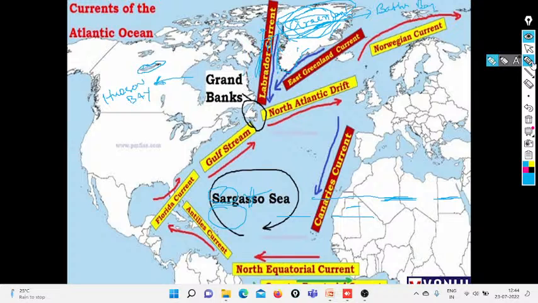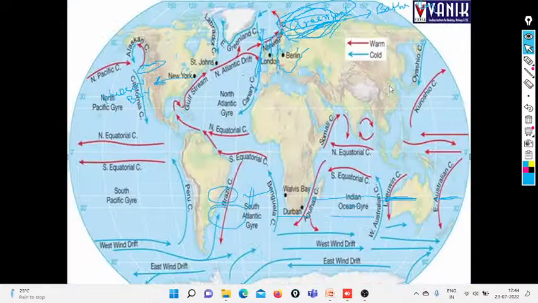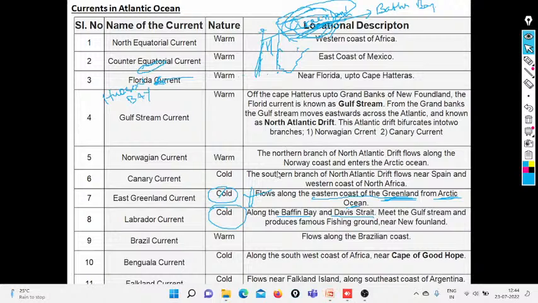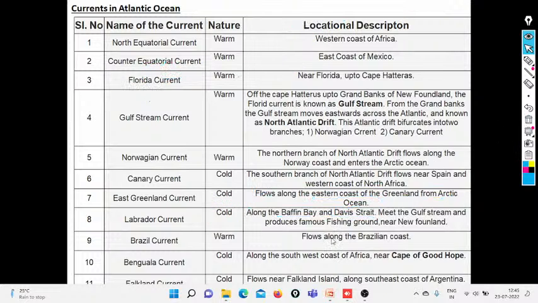This is the reason why the currents are there. The Labrador current, from Baffin Bay and Davis Strait, meets the Gulf Stream and produces the most famous fishing ground, near Newfoundland particularly.